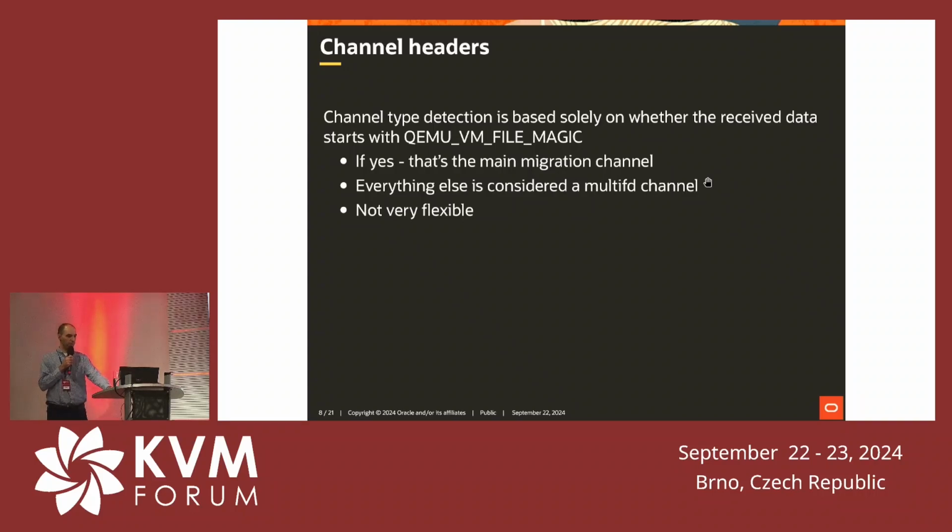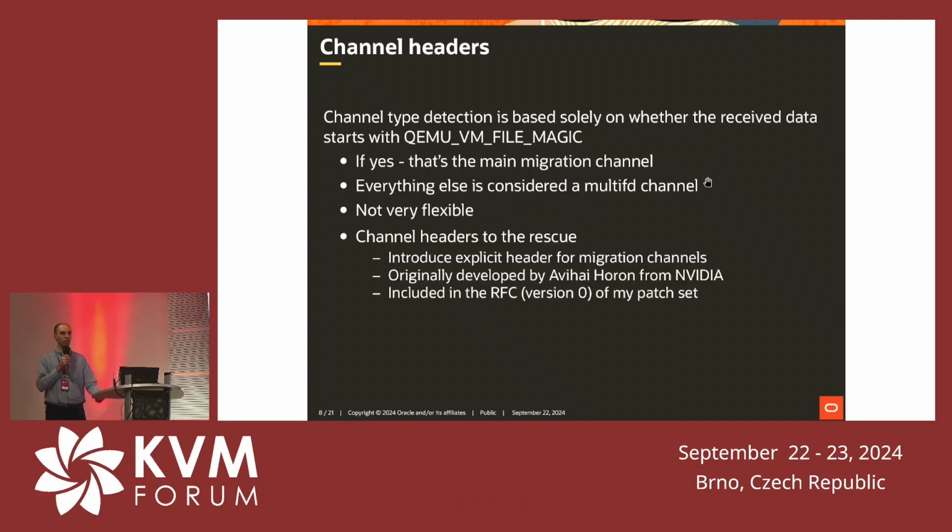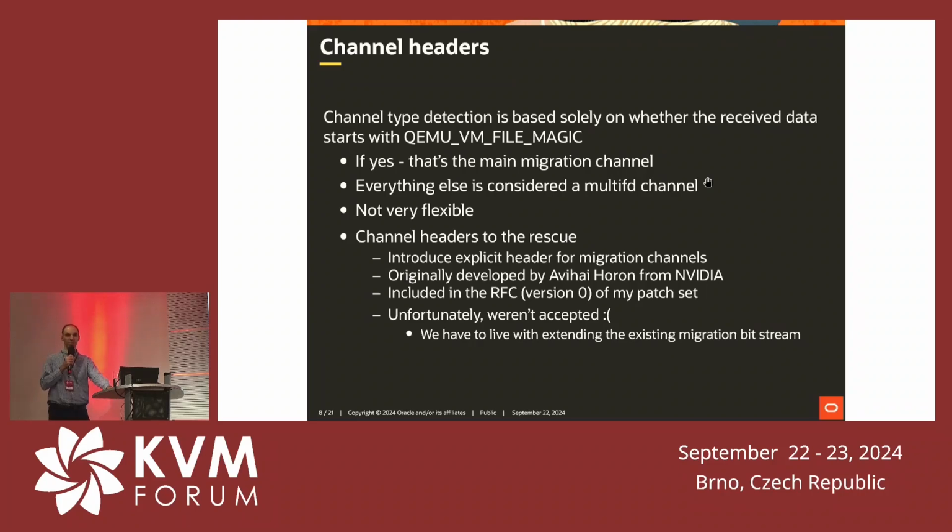So the first version of the patch set introduced channel headers. This is not actually my design, but from Avihai Horon from NVIDIA, who introduced an explicit channel header which says what kind of channel this is. Unfortunately, this wasn't very well received upstream, so for now we have to live with extending the existing migration bit stream.